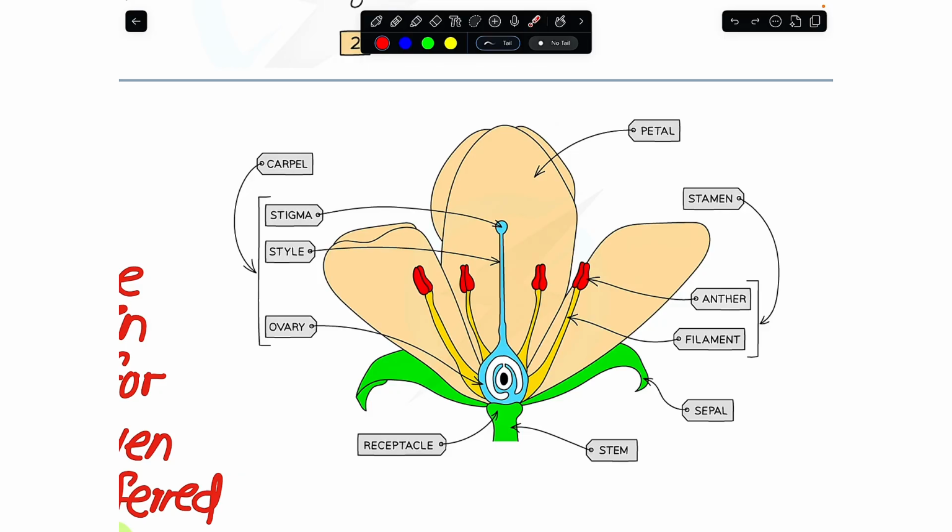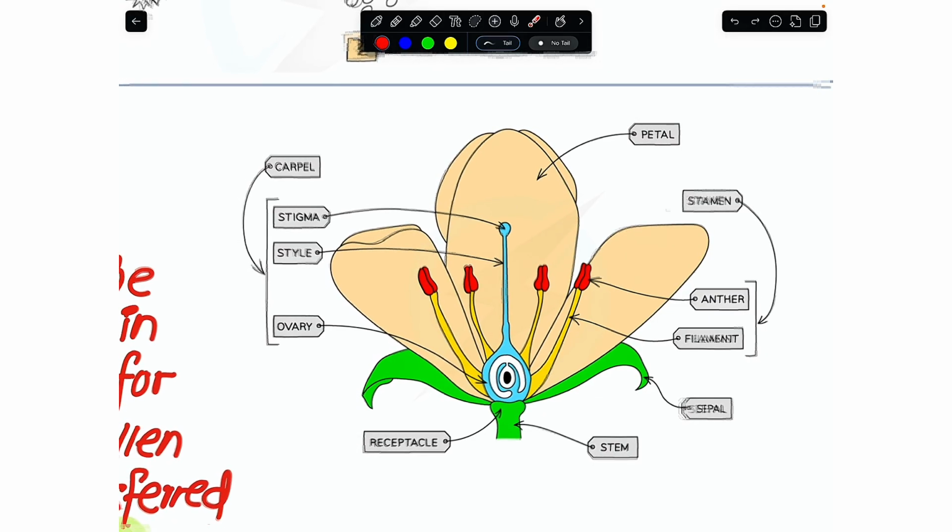So for the fusion of the male and the female gametes, what we require is pollination. By pollination, we simply mean the transfer of the pollen grain from the anther to the stigma, and we know that the stigma is a part of the female part of the flower, that is the carpel.